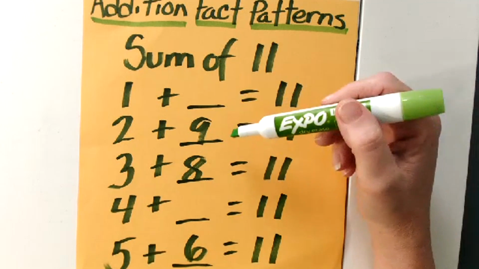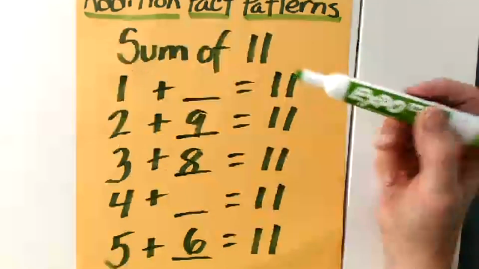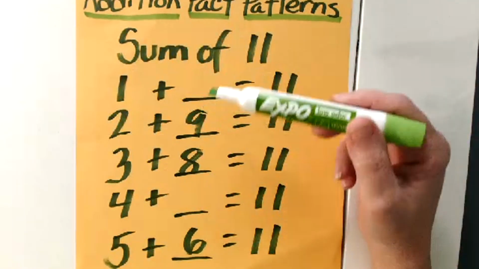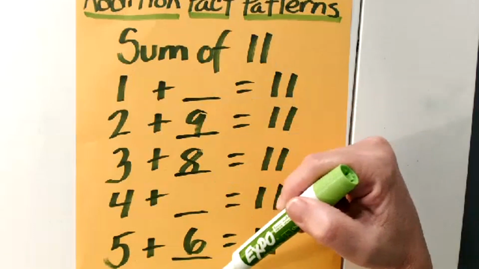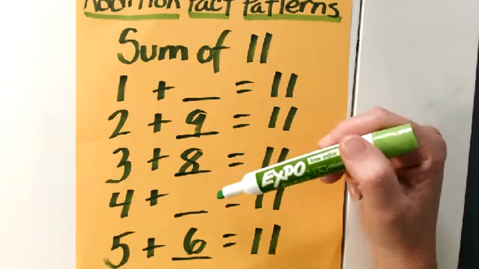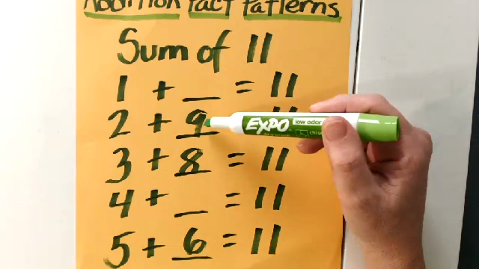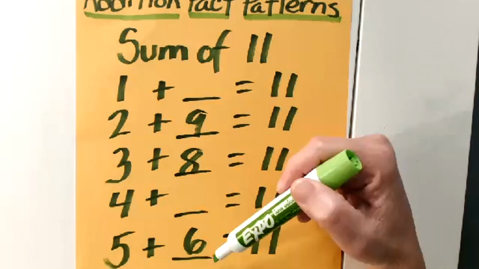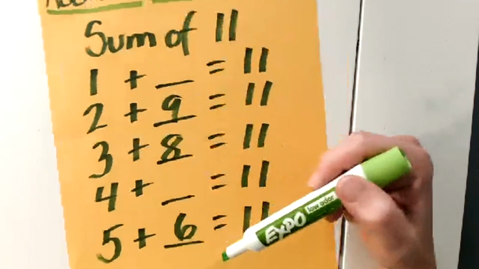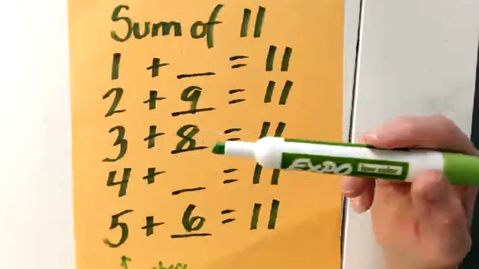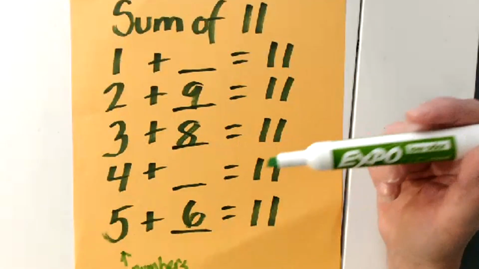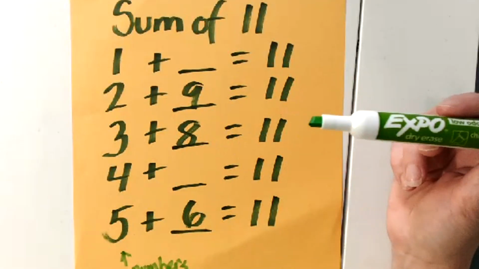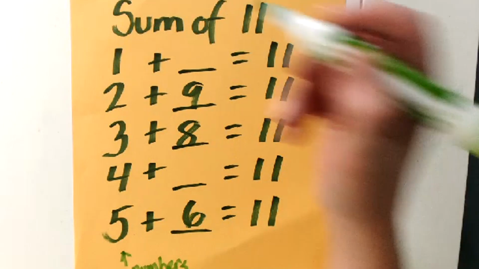Now, we have some blank spots here where we want to fill in these numbers. I want you to look here. What do you think the pattern is here? I see a 9, I see an 8, skip, and then I see a 6. What is the pattern here? What do you think, friends? If you said the numbers go down, then you're right.